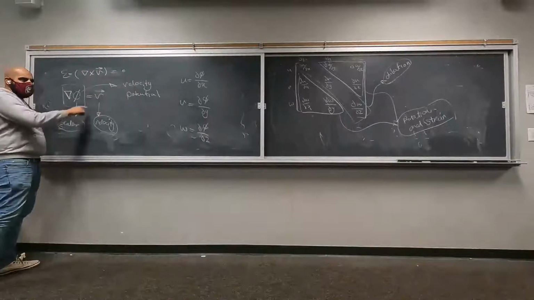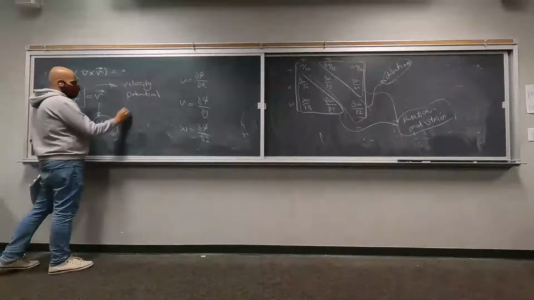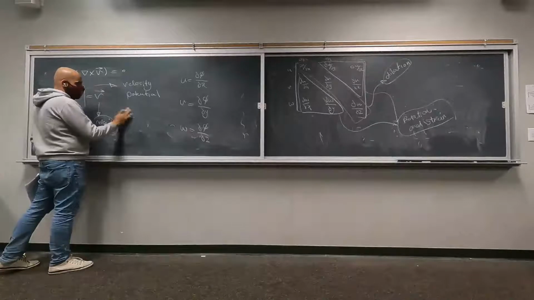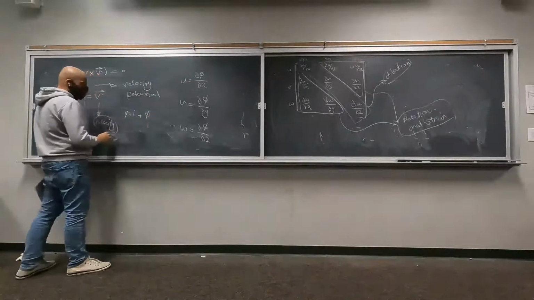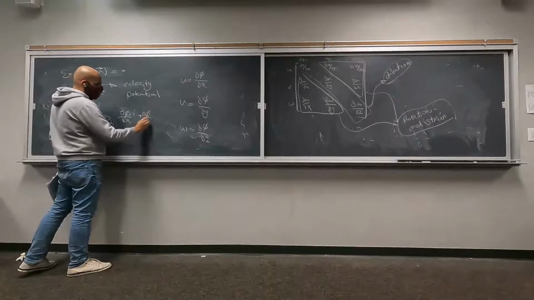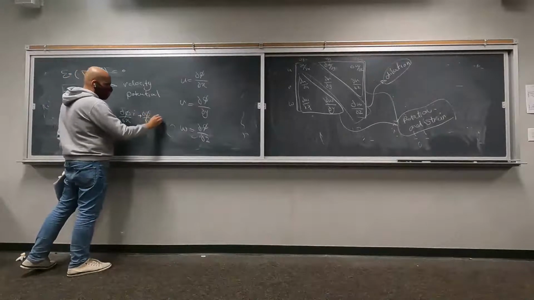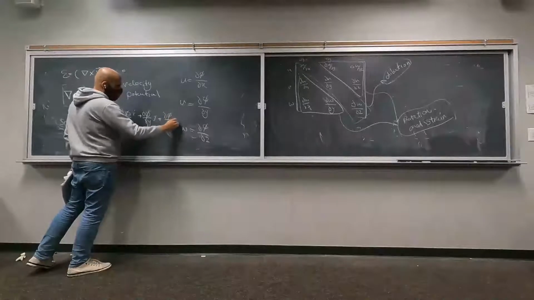Because the gradient of this scalar value, which we have called the velocity potential, is going to be partial phi partial x i plus partial phi partial y j plus partial phi partial z k, right?